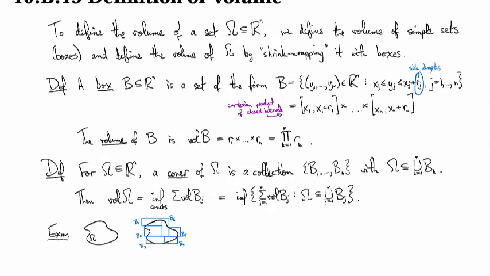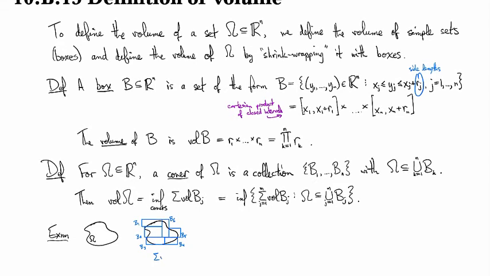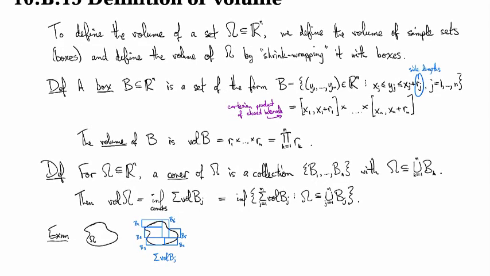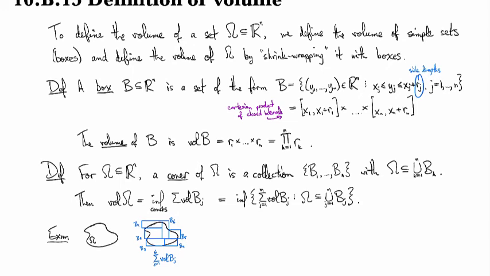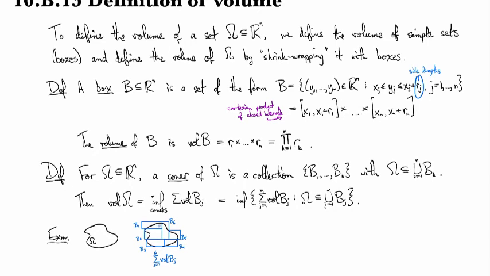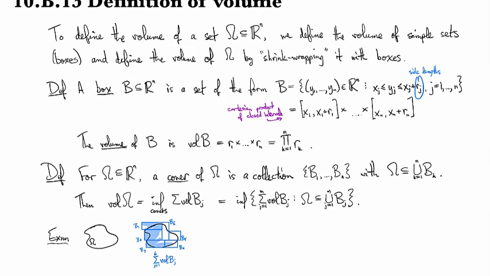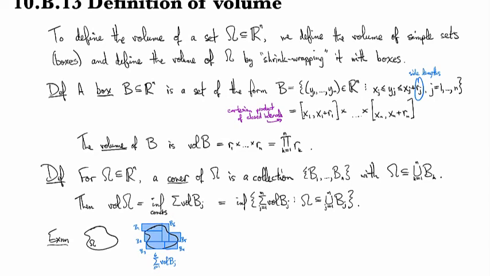The sum of the volumes of boxes 1 through 6 is going to be everything inside that region, highlighted here. That sum gives me the measure of everything in this region. And you can tell this is a sloppy approximation. I wasn't especially careful, and I got a lot more than I wanted from the exterior of omega.